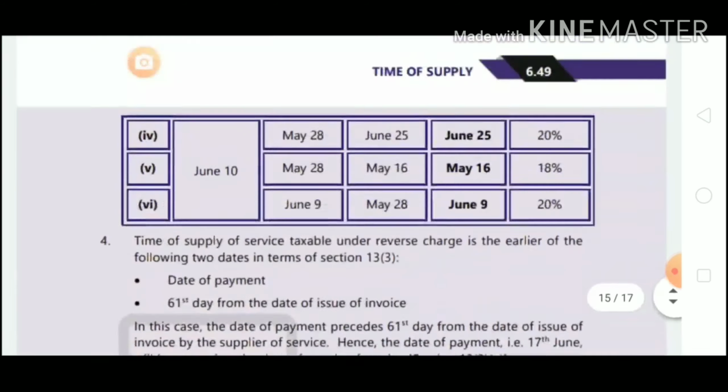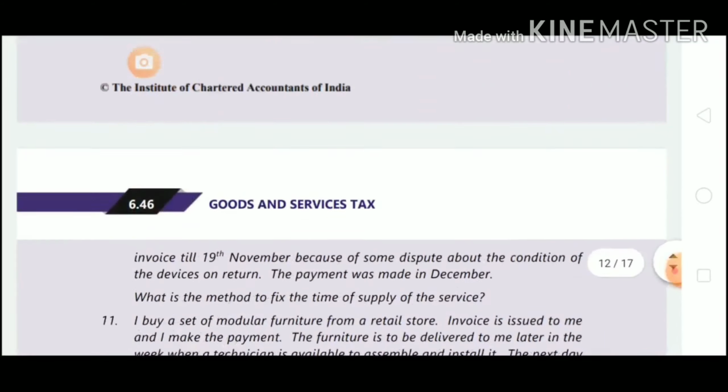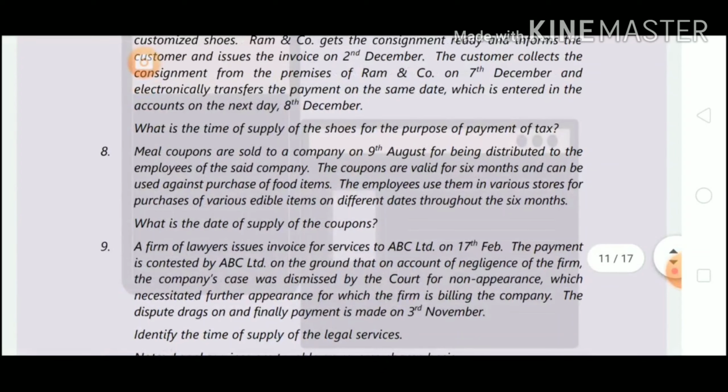Now question number 8. Meal coupons are sold to a company on 9th August for being distributed to the employees of the said company. The coupons are valid for 6 months and can be used against purchase of food items. No specific food items they have said, okay.